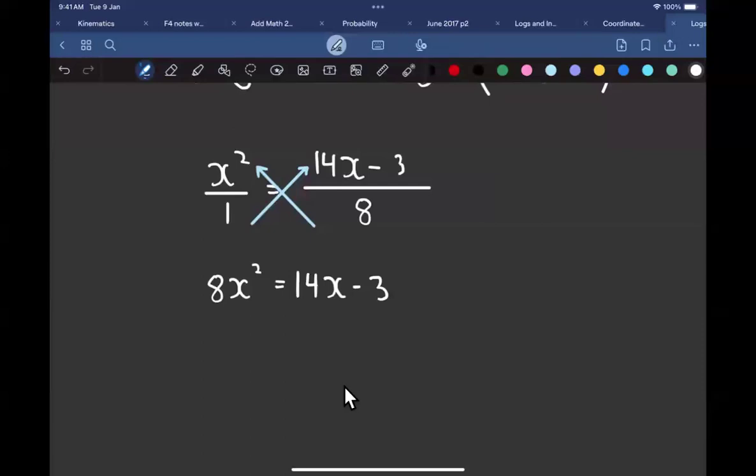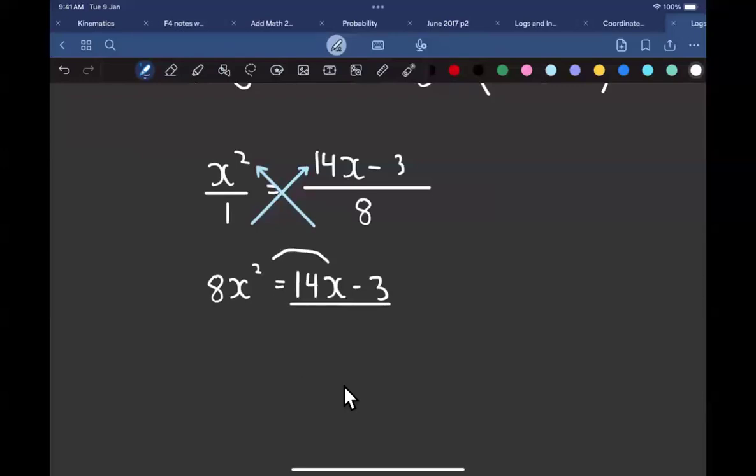A quadratic equation. So to make a quadratic equation, I have to move everything over to one side. It doesn't matter which side you want, it could be any side, equal to zero.